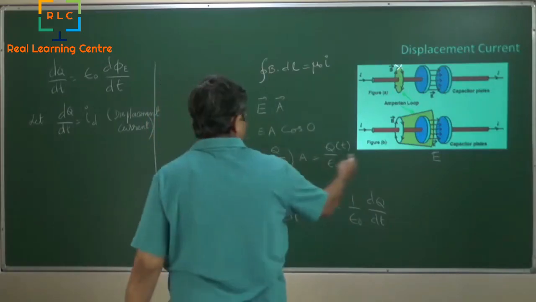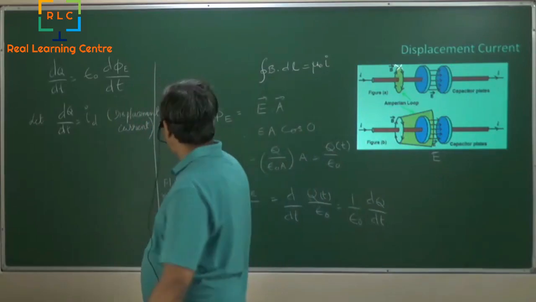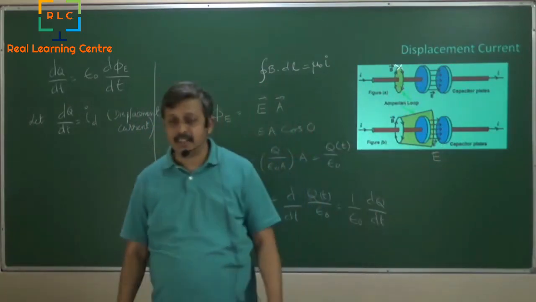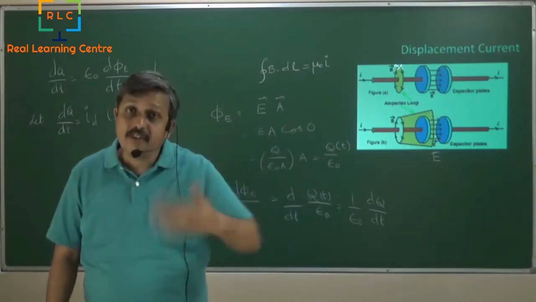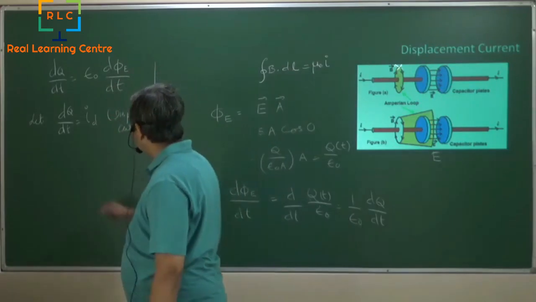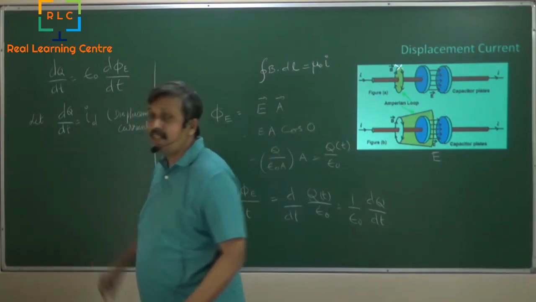No charge is actually flowing here. What is happening is that the charge is varying at the surface. On the surface, charge is varying, and that is causing the electric field to change. So we will say that dQ by dt is some kind of a current.